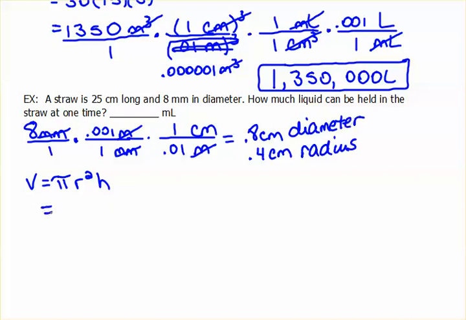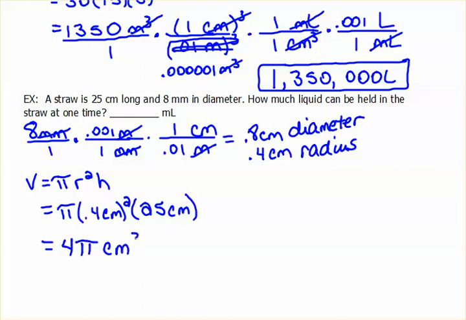So our volume is going to equal pi times r, which is 0.4 centimeters squared, times the height, which they said was 25 centimeters. And when we multiply 0.4 times 0.4 times 25, we end up with 4 pi centimeters cubed.